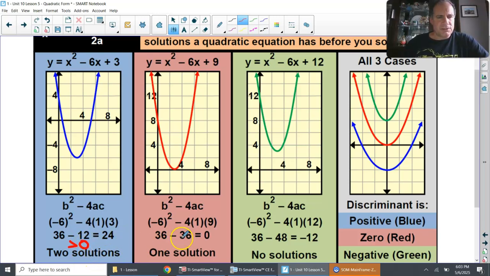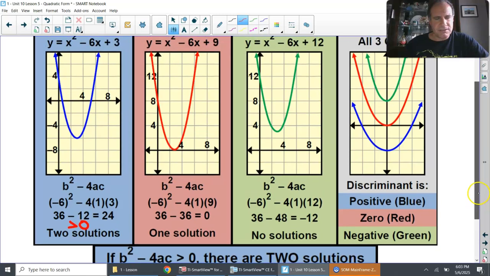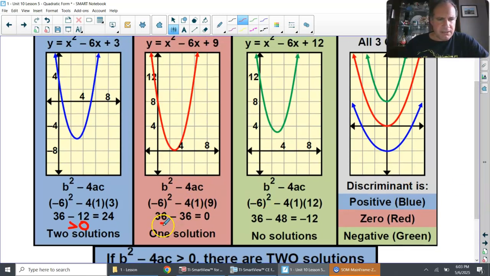If you have a number equal to 0, let me see if I can squeeze this. No, I can't squeeze it anywhere. Equal to 0, that's 1 solution. If you have a number that is less than 0, it's no solution, and that's it.